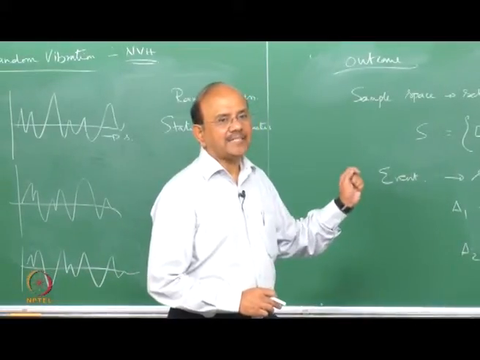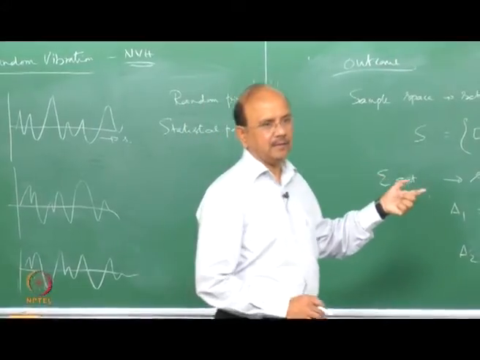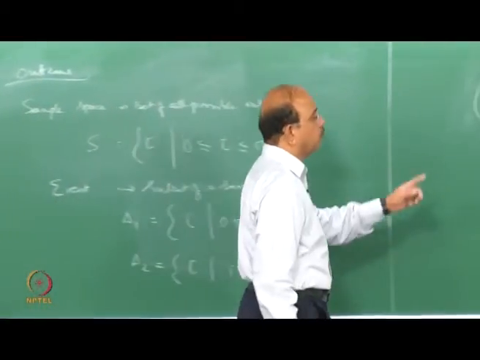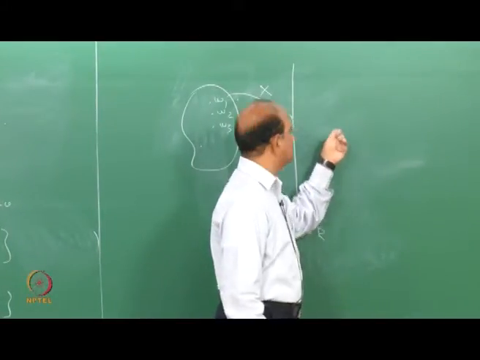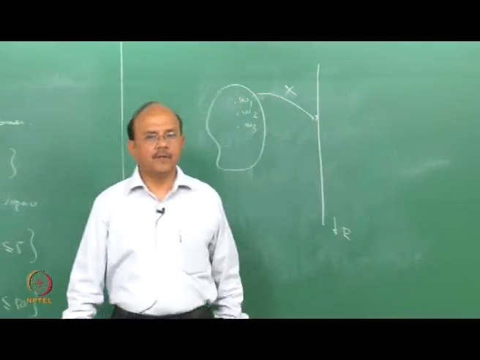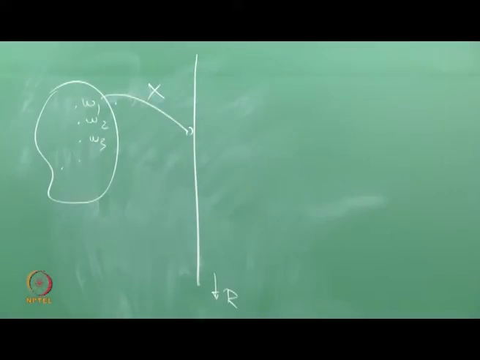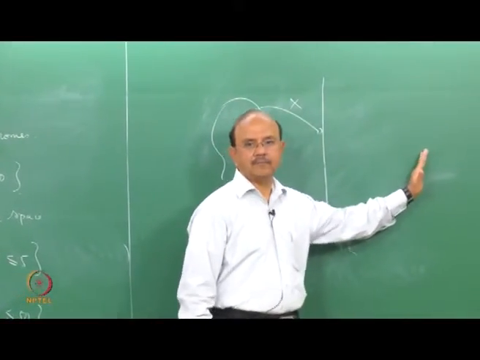Now the next step is we can assign a probability to this random variable. In other words, from here I can assign a probability. Look at this, there are 3 steps. One is an event to a random variable, then from here to a probability.